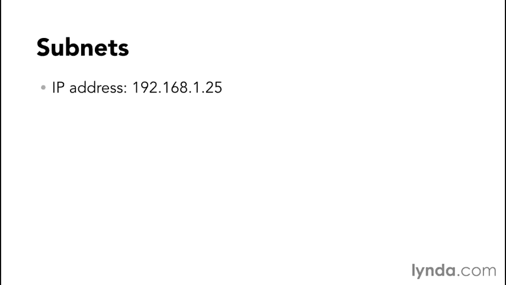So an IP address of 192.168.1.25 and a subnet mask of 255.255.255.0. The subnet mask tells us that the first 3 octets of the IP address are going to be used to define what network this machine is part of.